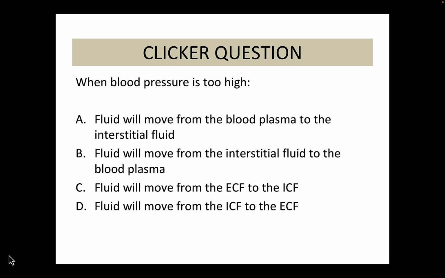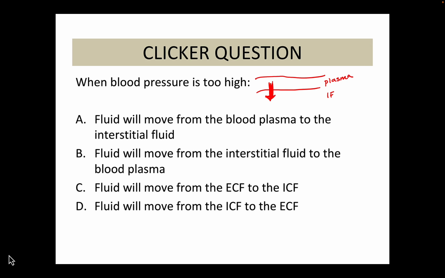Now, I happen to know that you know a little bit about blood pressure, as we did talk about this in the circulatory system. So what's going to happen when blood pressure is too high? I'm going to come back and draw my blood capillary again. And remember, the main determinant of the exchange between our plasma and interstitial fluid is the net filtration pressure, which is mostly determined by blood pressure.